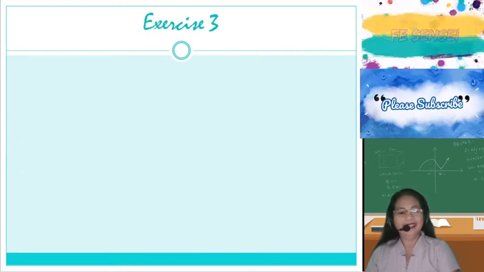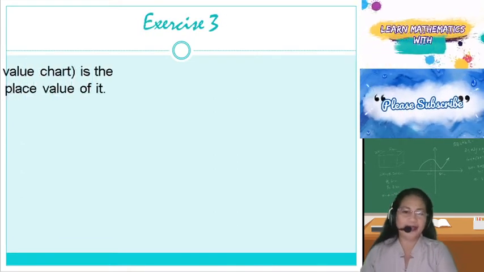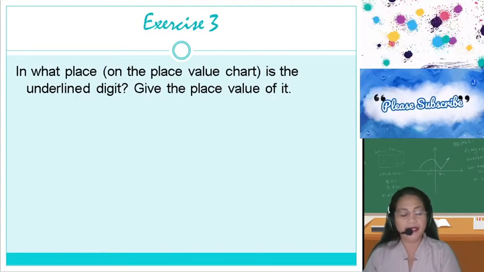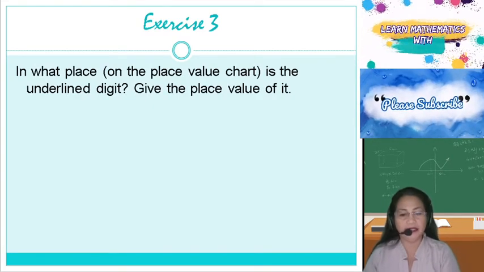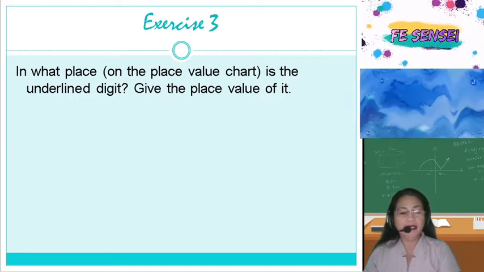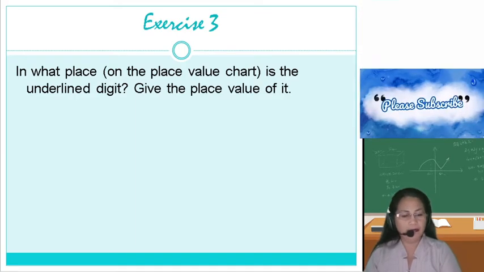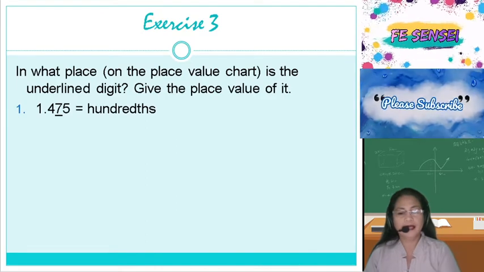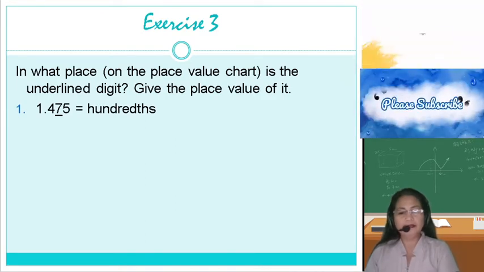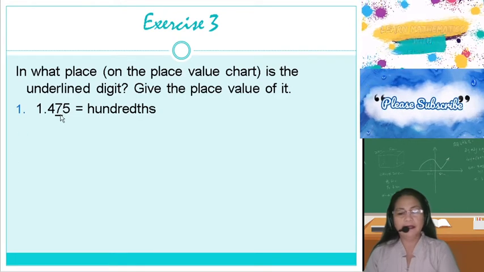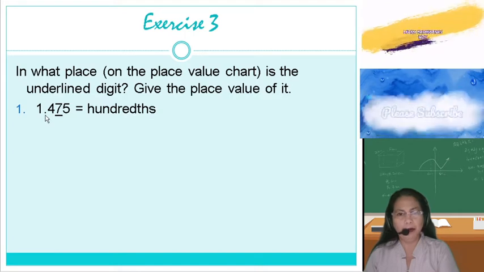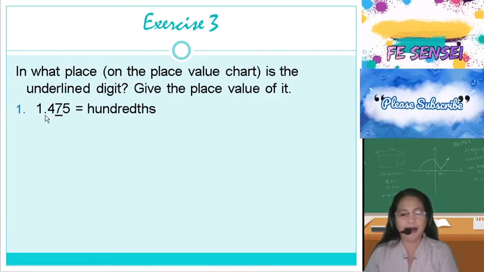Okay, let's have exercise 3. In what place on the place value chart is the underlined digit, and give the place value of it. You have to start at the decimal point and count to the right.